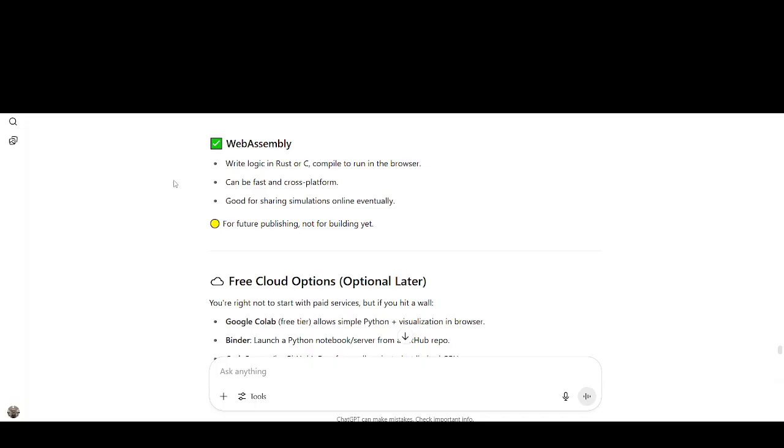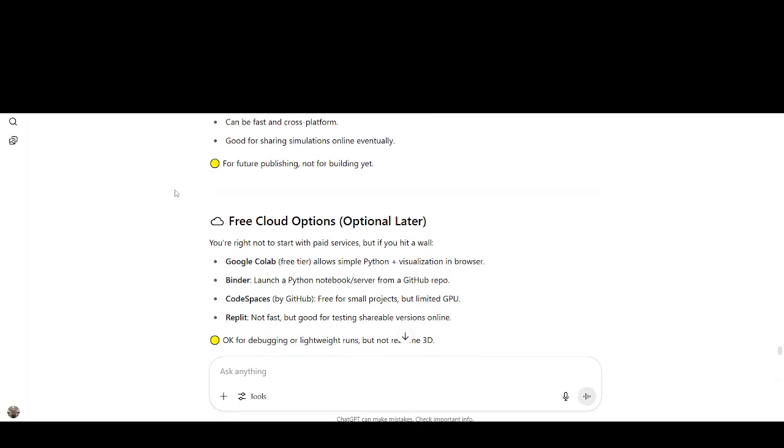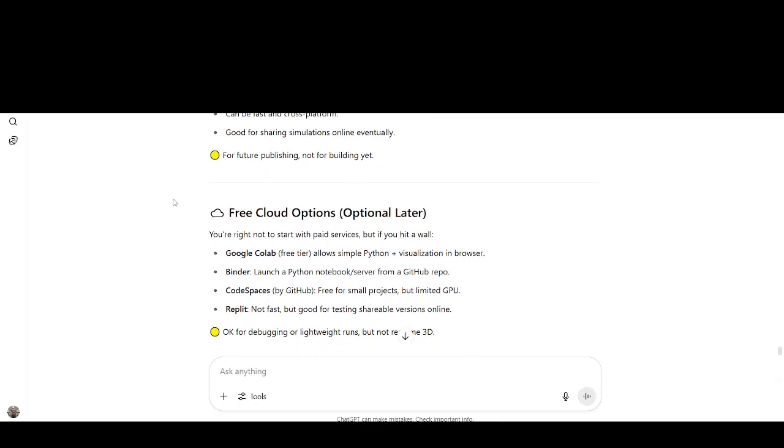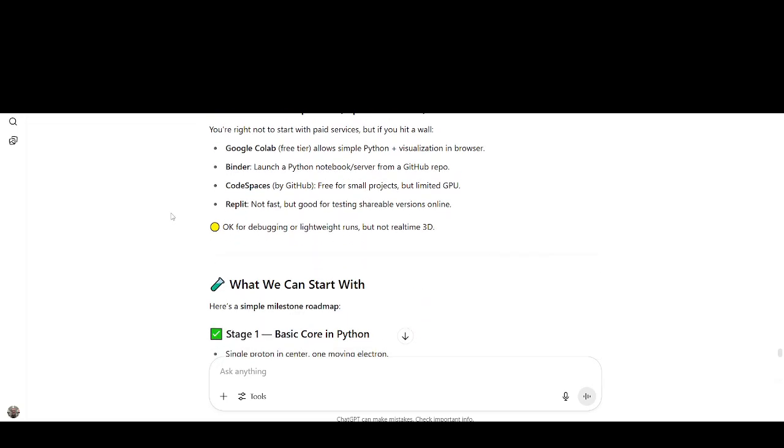Okay. WebAssembly: write logic in Rust or C, compile to run in browser, can be fast and cross-platform, good for sharing simulations online eventually, for future publishing, not building yet. Free cloud options, optional later.